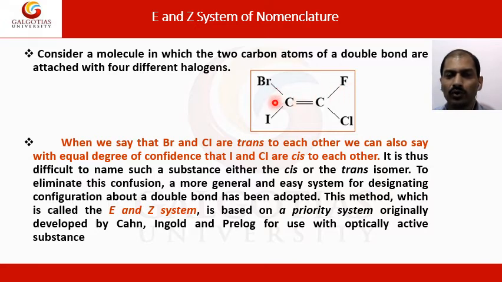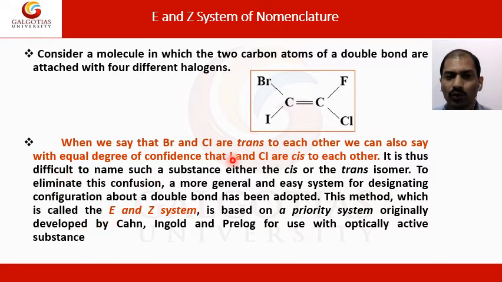Here the iodine has the highest atomic number, so you put it 1 and the other 2. And in this case chlorine will be 1, and this is 2. If both highest priorities are on the same side with respect to this double bond, this will be represented as the Z form of this molecule.